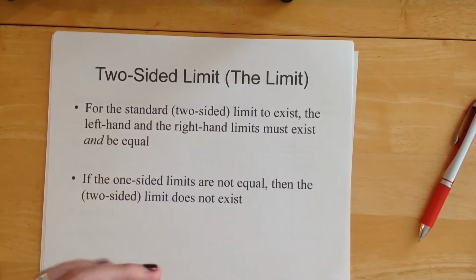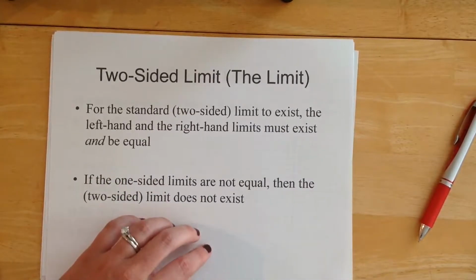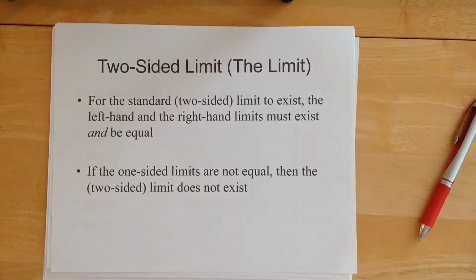When you just hear you're taking the limit of a function as x approaches some number, that implies the two-sided limit. You have to see that plus or that minus in the right corner of the value a to know that you're taking a one-sided limit.